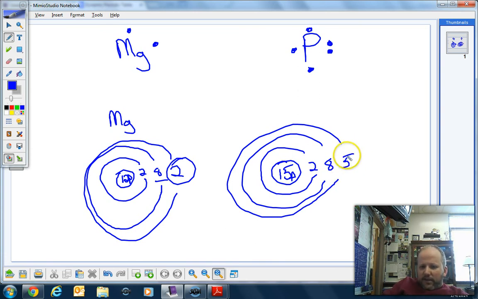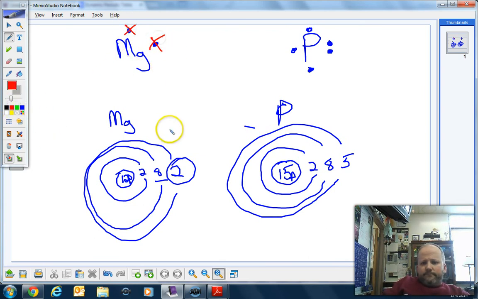If we get 3 more electrons, then this will have 8. That's giving away electrons. That needs electrons, so it's a perfect relationship. But we don't need to draw all these energy levels. We can just draw these dots like this. So we know that these 2 electrons are going to go away.